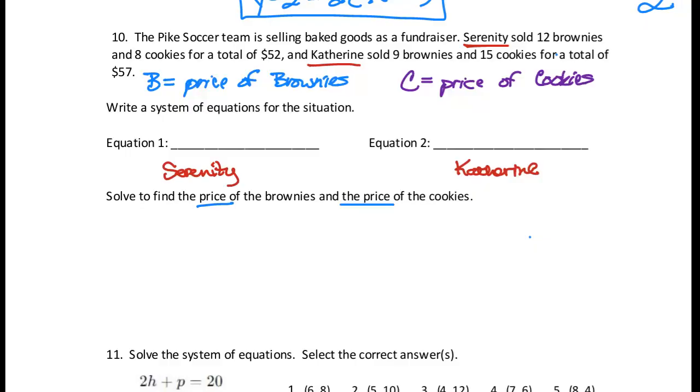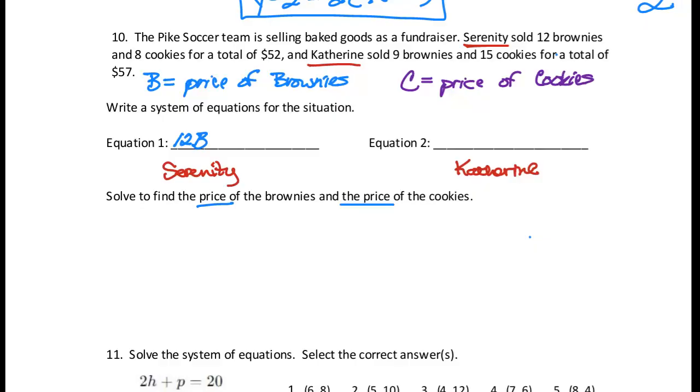Not yet, but we do have that as a variable, right? So that cost would be 12 times B. B is the cost of the brownies, so 12 times the cost of a brownie gives you the price you pay for the brownies. And she sold 8 cookies.